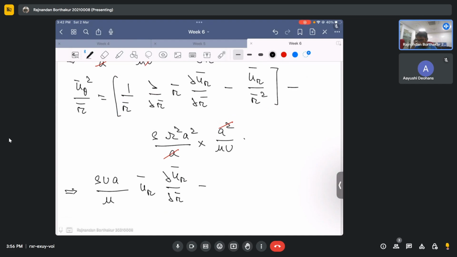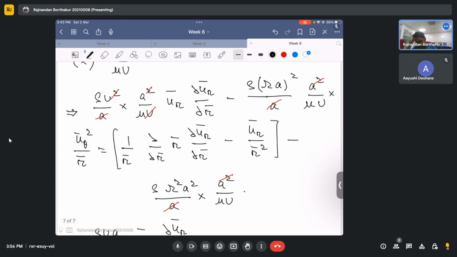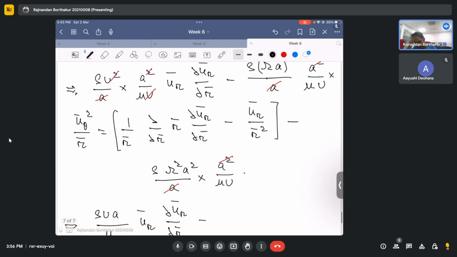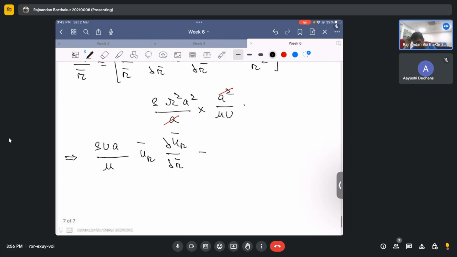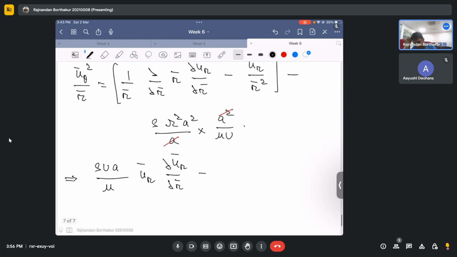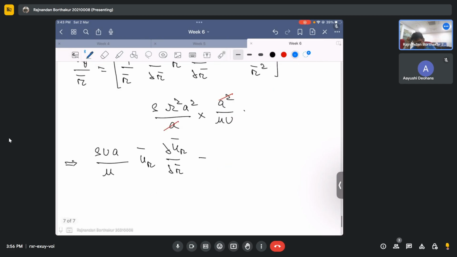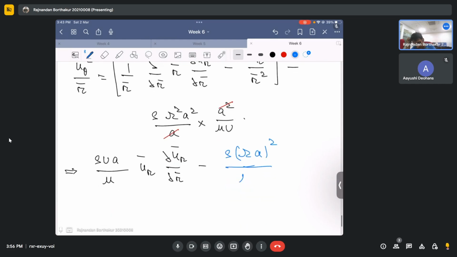Let's have a look at the second term. We have rho omega a whole squared by mu times u into a. So this is something that we have.